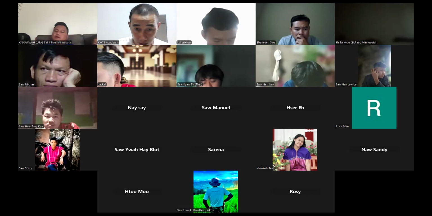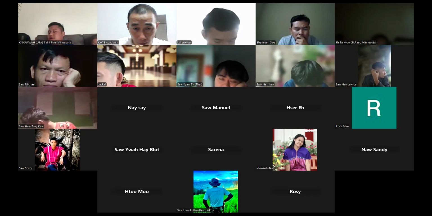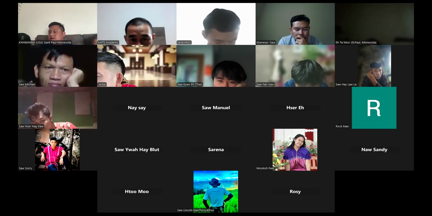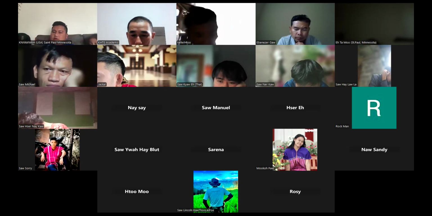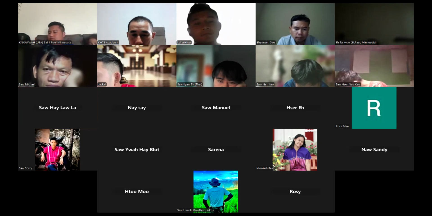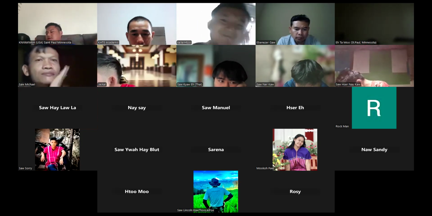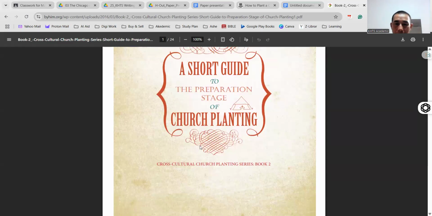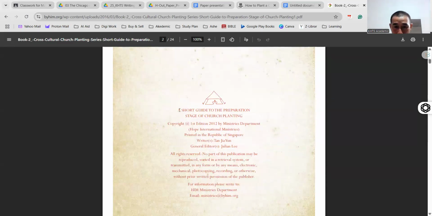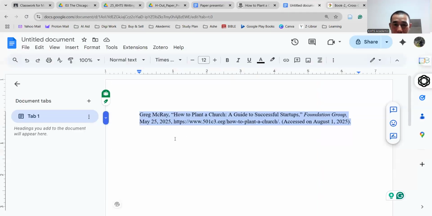Okay. All right. There is a small book. For example, you are using another resource. Good. We have a small book. Okay. The title of the book is A Short Guide to Preparation Stage of Church Planting. Well, that is the title of the book.